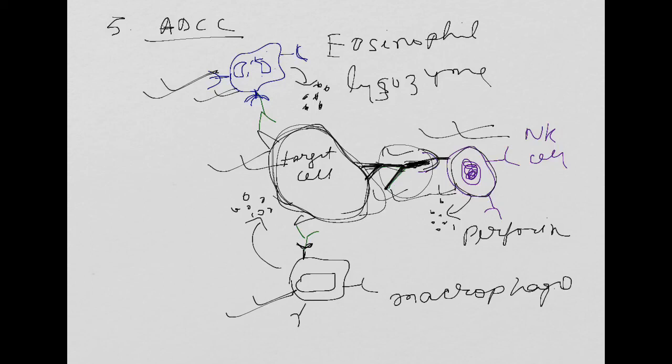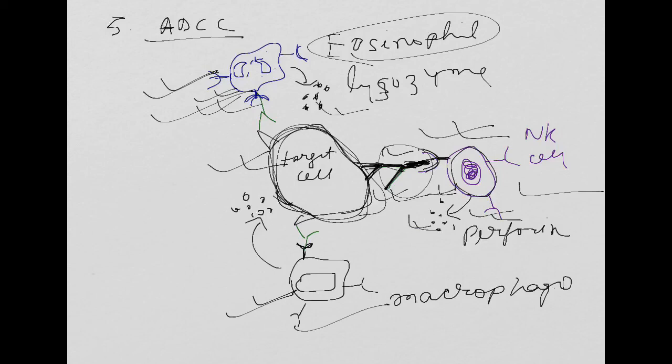The cells that can mediate ADCC are NK cells, macrophages, monocytes, neutrophils, eosinophils, etc. Killing of helminths is an example which involves antibody mediated killing by eosinophils. Whenever the cytotoxic cell binds to the target cell, it becomes more active metabolically, and its cytoplasmic content increases, which includes lysosomal or granular substances. They release some granular substances that lead to the lysis of the cells.